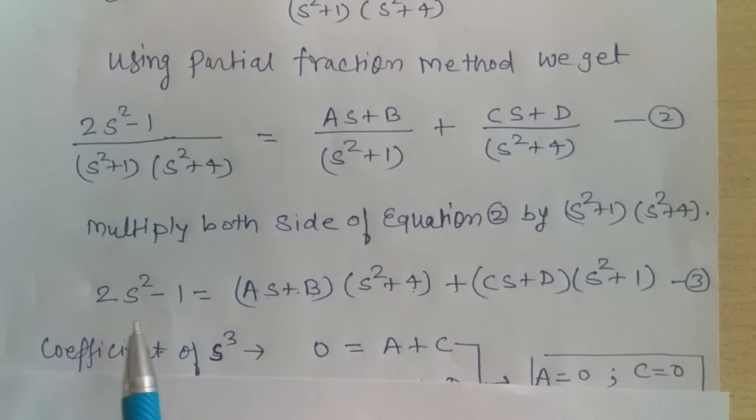Since on the left hand side there is no s cube term, the coefficient of s cube is 0. On the right hand side, from here we have a s cube, so the coefficient is a, and from here we have c s cube, so plus c. So on the right hand side the coefficient of s cube is a plus c, and on the left hand side it is 0, so 0 equals a plus c.